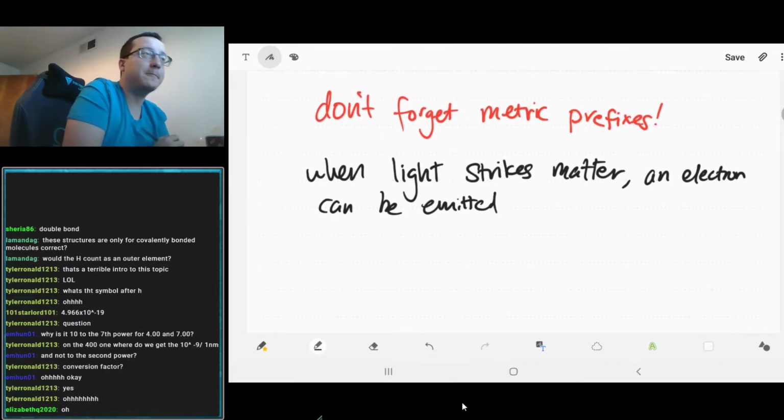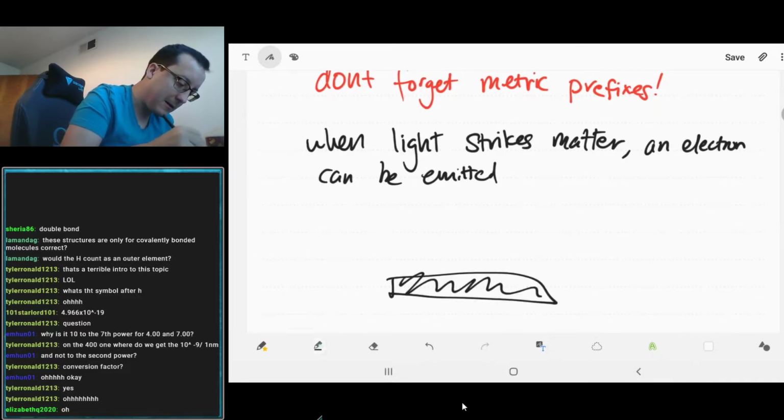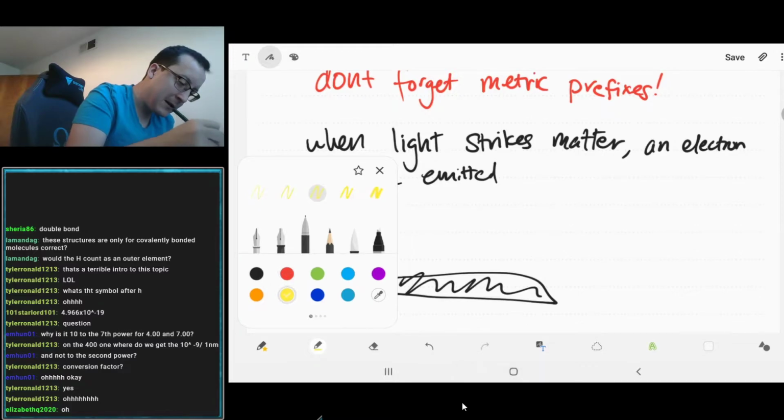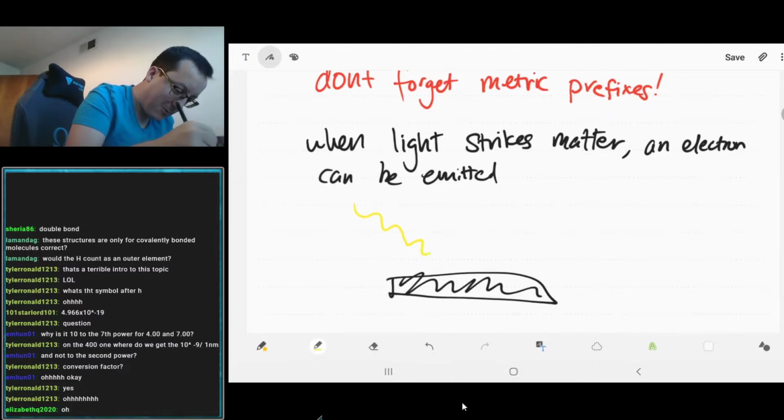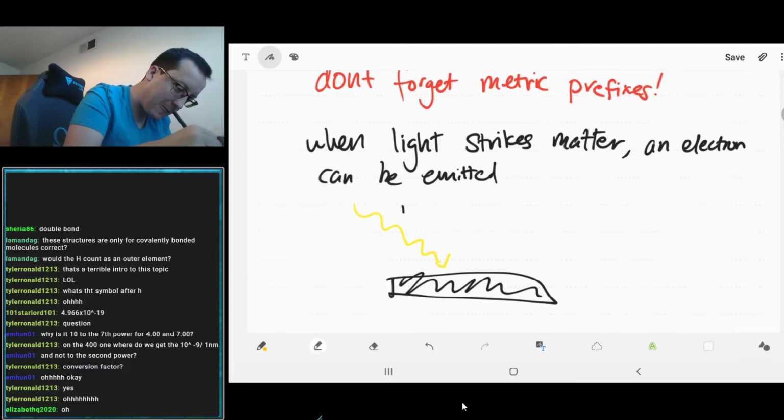So here is a happy surface. Here comes our light ray. Ew, the yellow is awful. Okay, we'll write that in this color.